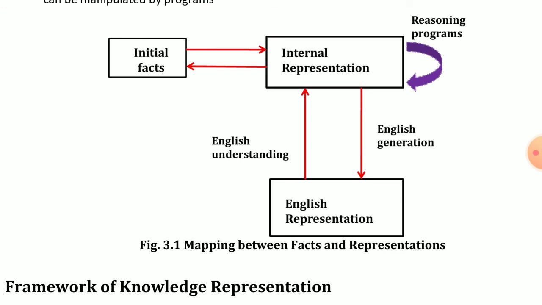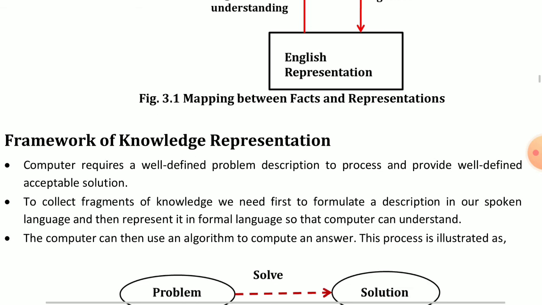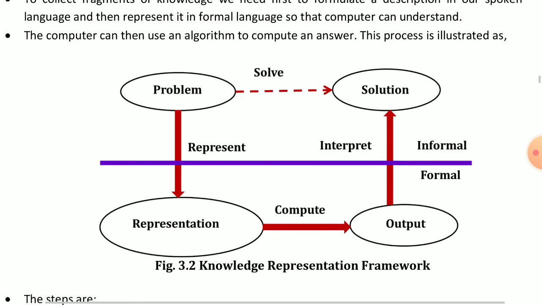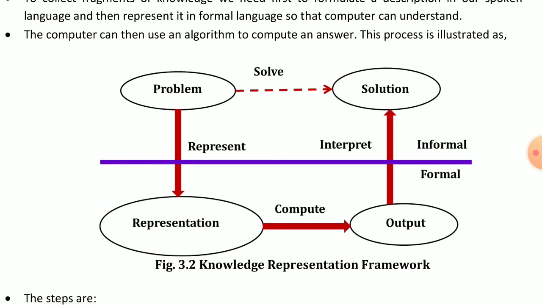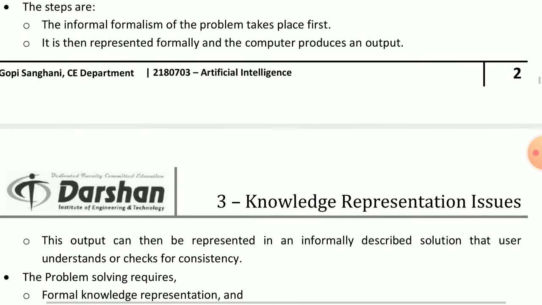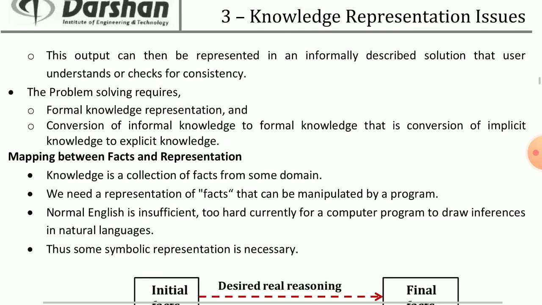Then the second topic is framework of knowledge representation. In this topic we are given the diagram, figure 3.2, for the knowledge representation framework. We can take one problem and find out the problem solution. Okay, and here some steps are given.